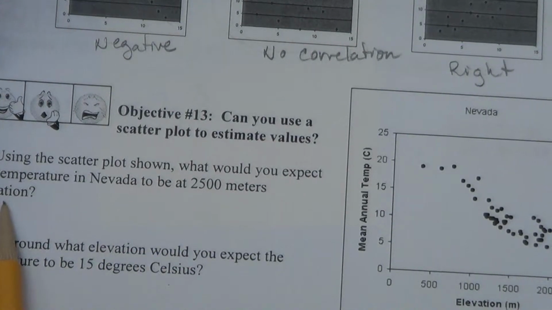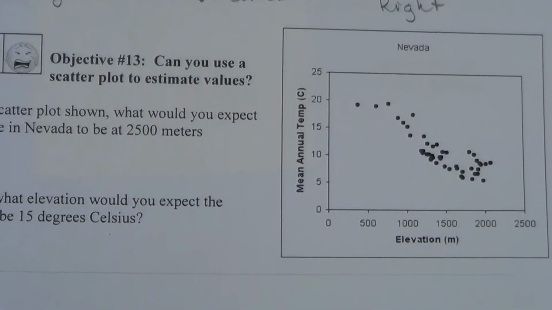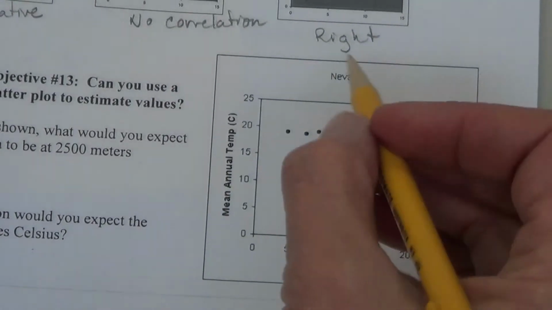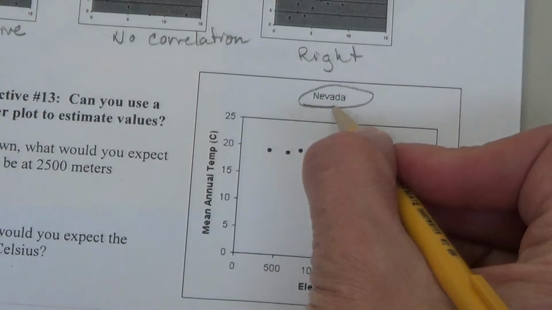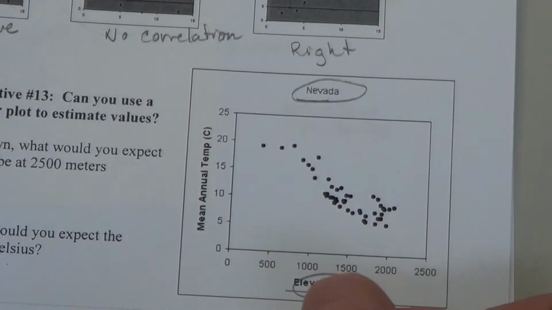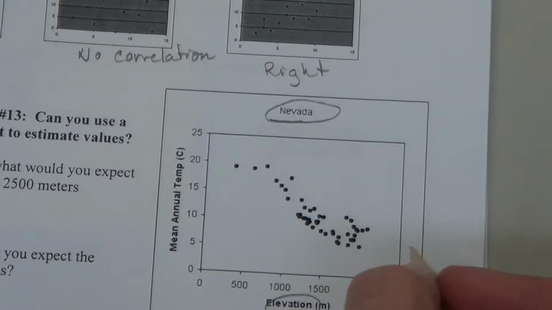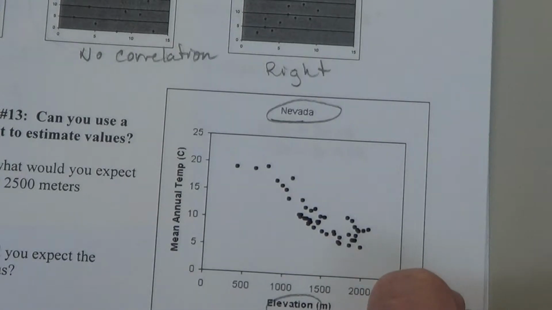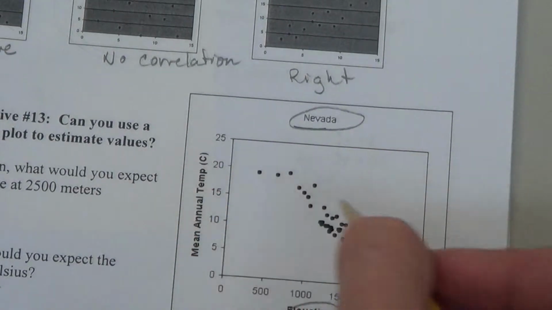Using the scatter plot shown, what would you expect the temperature in Nevada to be at 2,500 meters elevation? Well, it's always important to read your graph axis and your title. This is Nevada. This is your elevation. So they're wondering at 2,500. That would be right here. And they're wanting to know what the temperature should be.